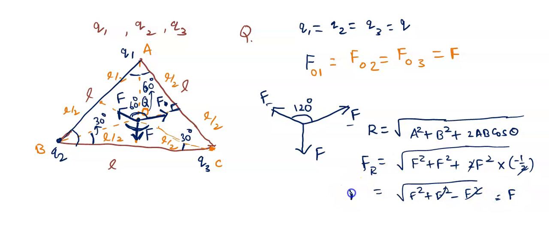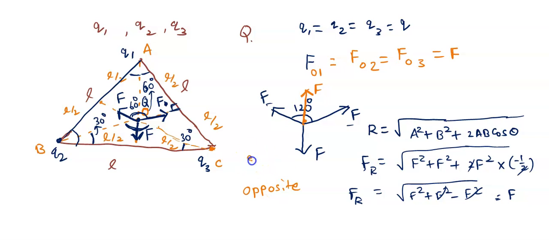Under the symmetric situation, the resultant of these two forces will be acting exactly opposite to this downward force. This force is F and this force is also F. Now these two forces are acting opposite to each other, aren't they?